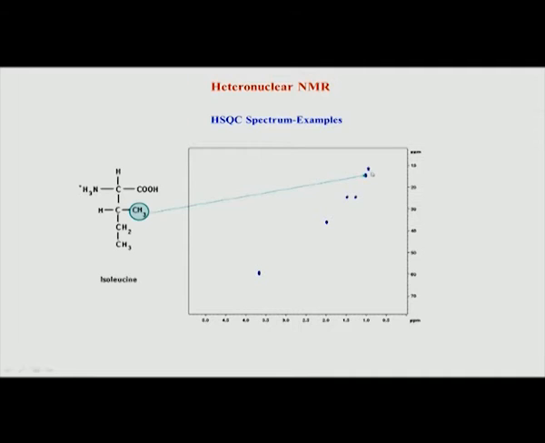Again, this is more or less based on experience and database, meaning you will have known values for these amino acids, and based on that, one can say that the most upfield is usually this methyl and the next upfield is this. One can always argue based on shielding, deshielding effects, but this is not how it is done.